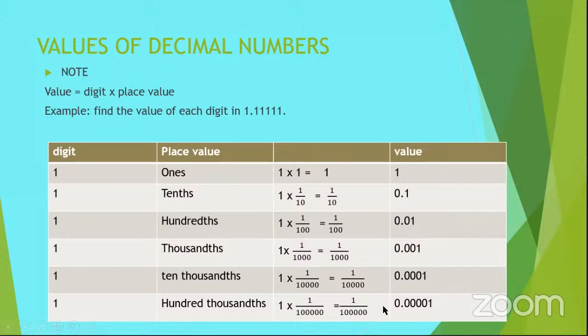That means I need 5 digits after the decimal point. Check your numerator. The numerator has only 1 digit. That means you are going to use 4 zeros to stand for the 4 decimal places, and then you add on your numerator to make the 5 decimal places.